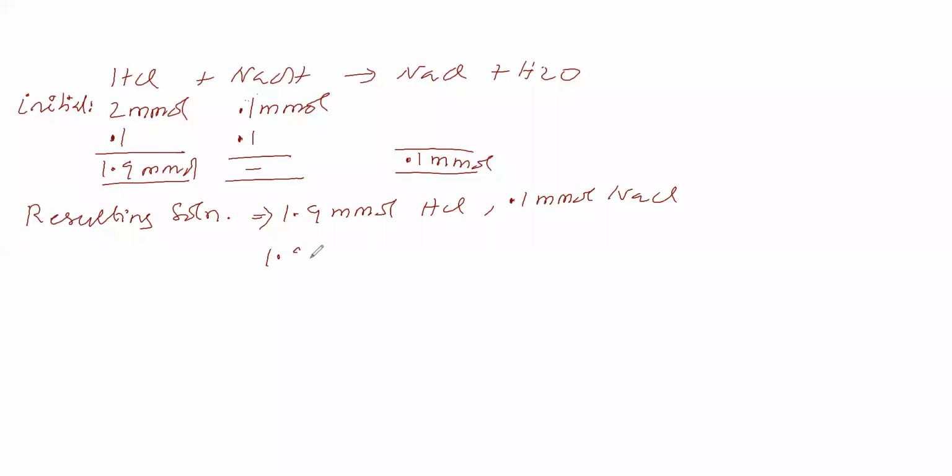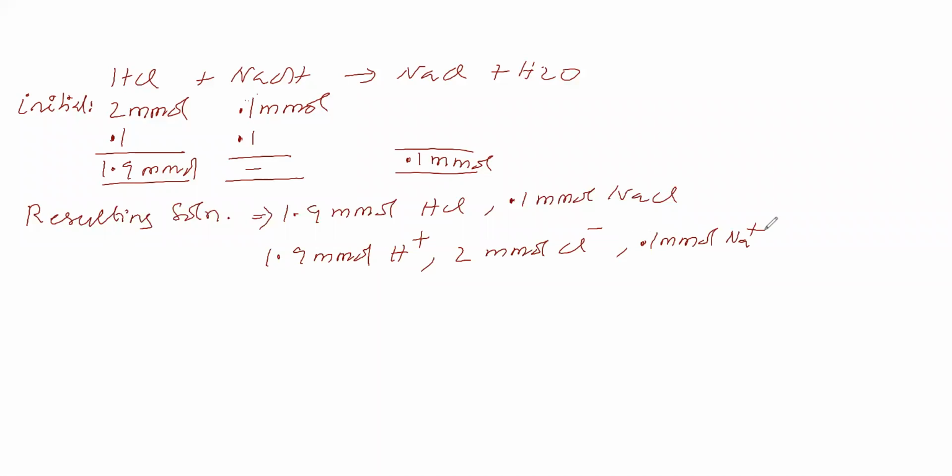From that we can say there are 1.9 millimole of H plus ions, 1.9 millimole of Cl minus ions plus 0.1 millimole of Cl minus ions, totally 2 millimoles of Cl minus ions, and Na plus ions 0.1 millimole.